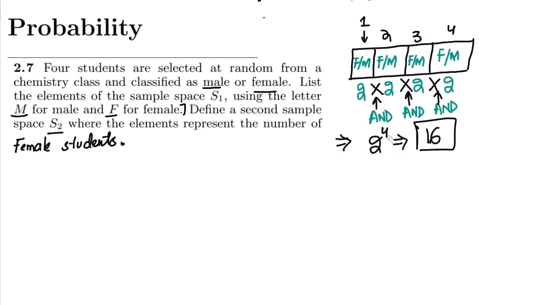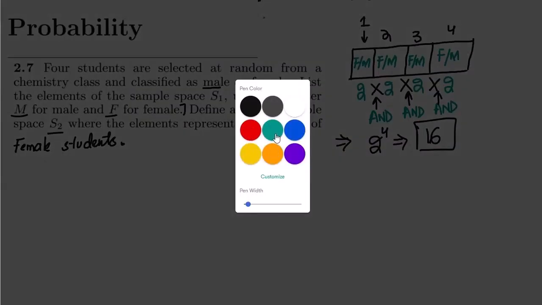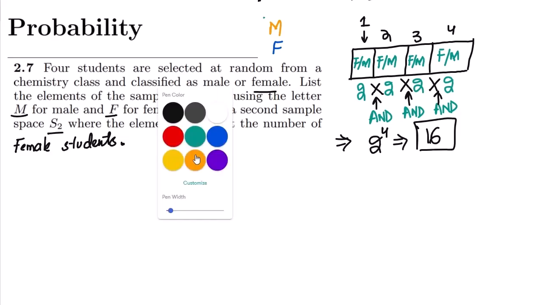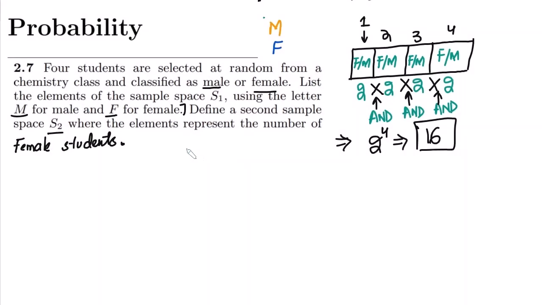So what would be those combinations? Let me start writing them, and let me represent male with this orange color and female with this blue color. In the first combination, all the elements would be male: male, male, male, and male.